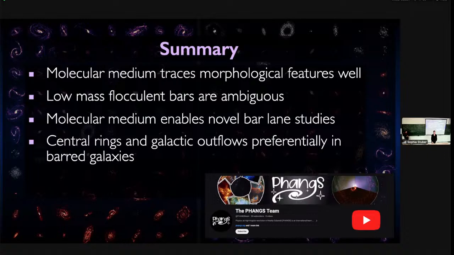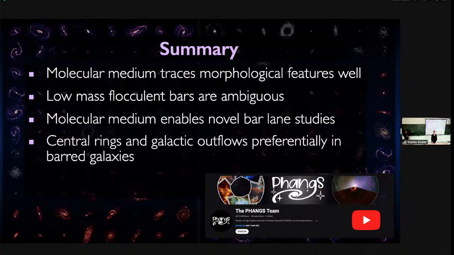For this galaxy that you showed, where you saw a bar in the optical, you do see it in molecular gas. Could it be that you are losing some of the diffuse emission that you filter out when you're using the interferometer?